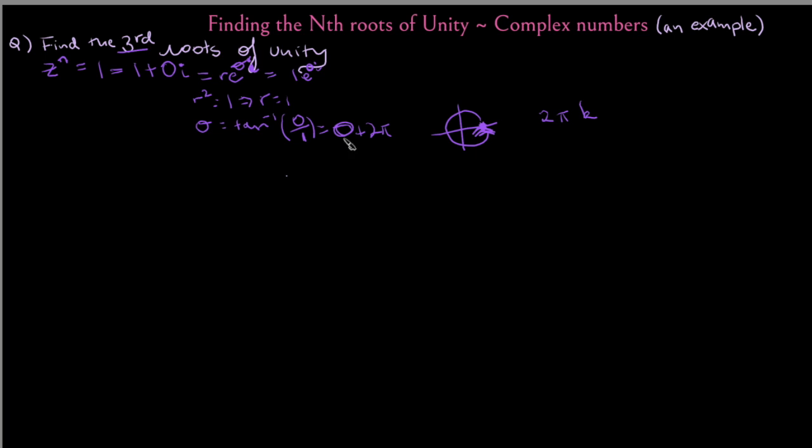So theta is equal to 0 plus 2 pi k, which means that this is equal to 1 into e to the power of 0i plus 2 pi ki. And we know that e to the power of 0i is 1. So this is 1 into e to the power of 2 pi ki.